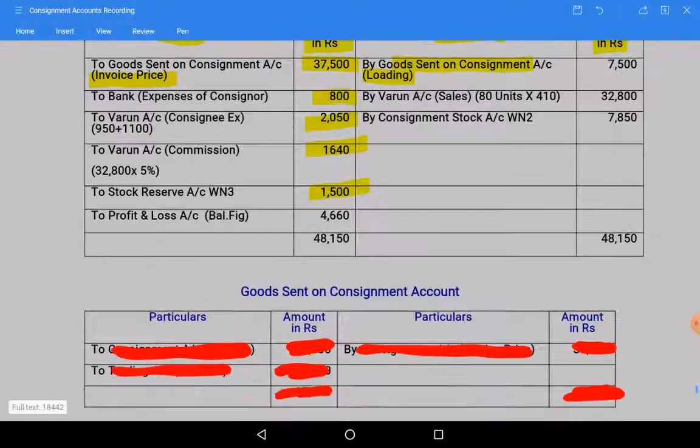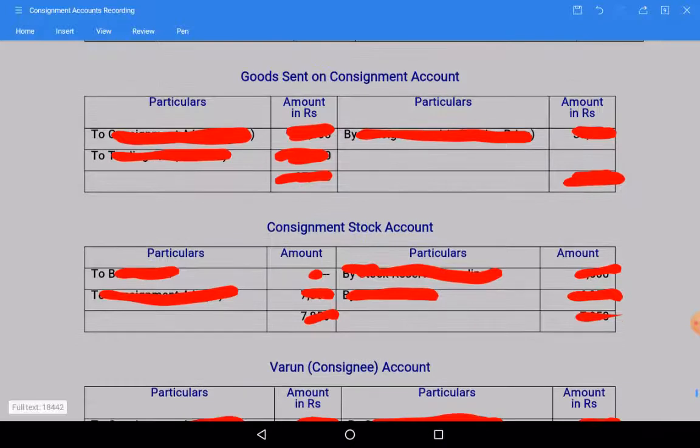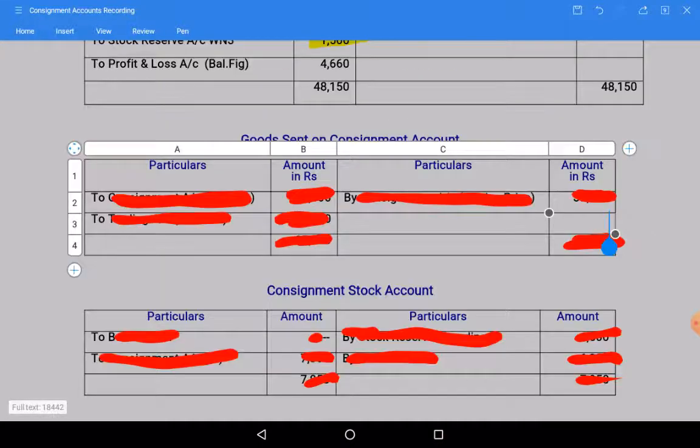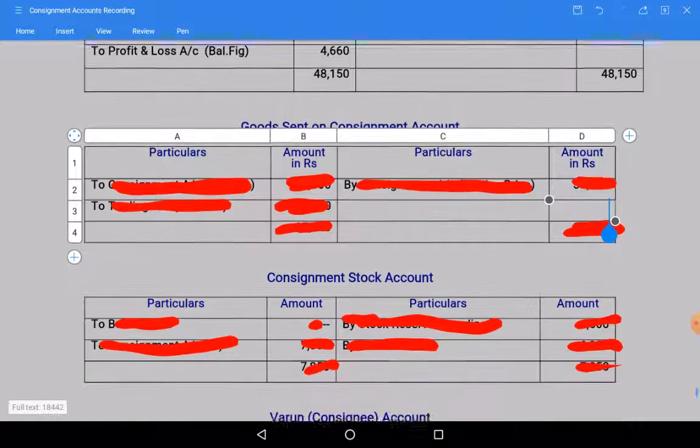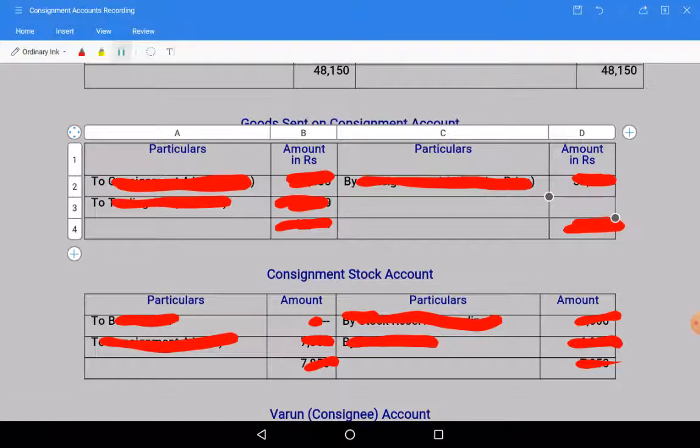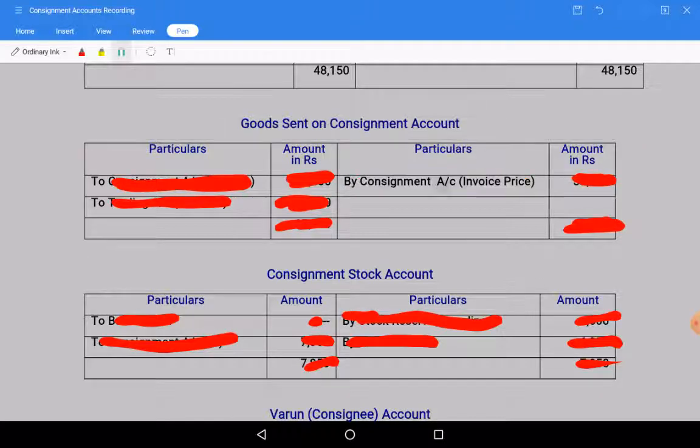Our next account will be goods sent on consignment account. In consignment account, goods sent on consignment is there. So credit side of goods sent on consignment by consignment account, invoice price value 37,500, and loading on this is there, that will come debit side.